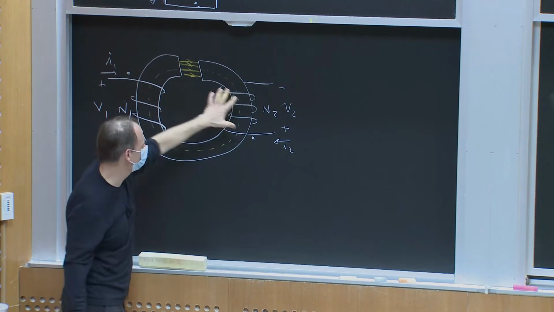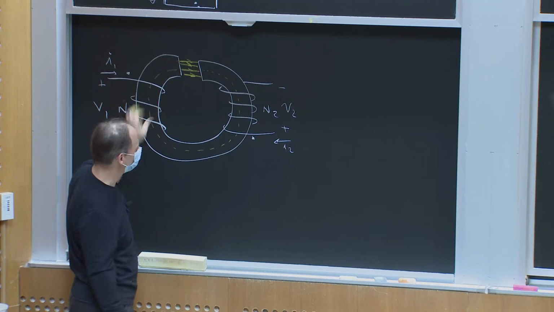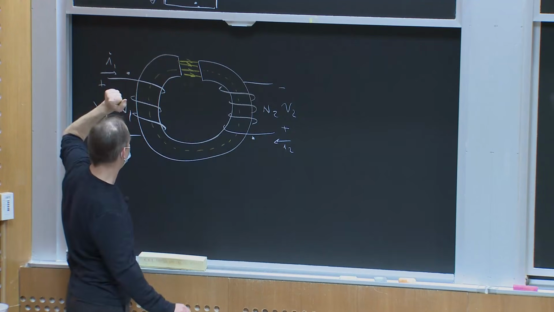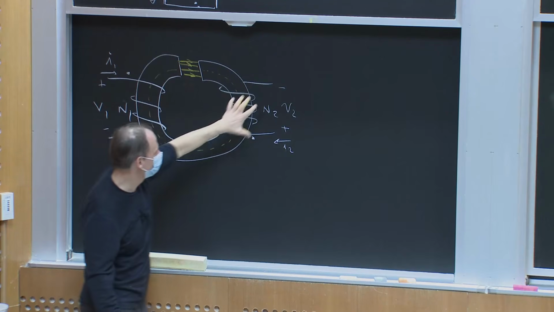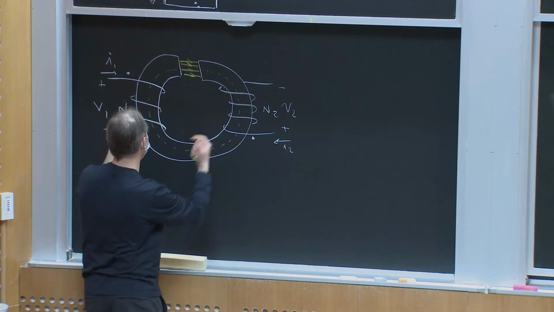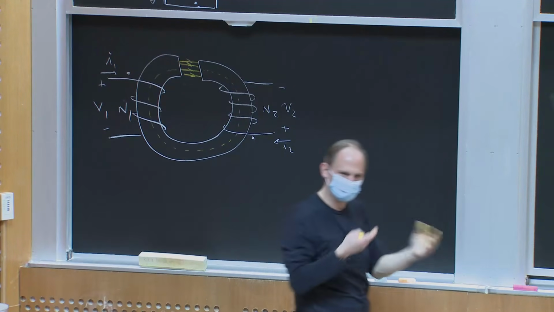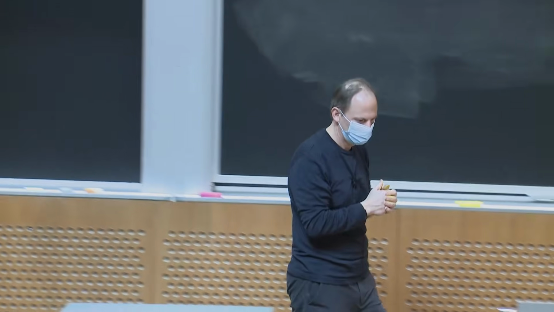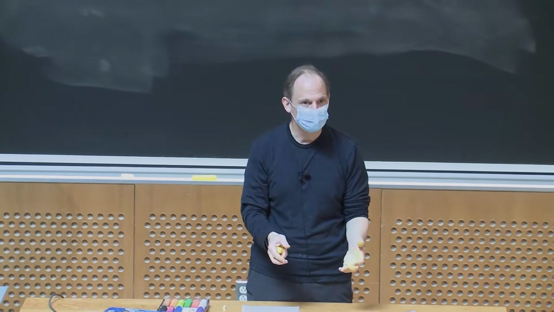So basically, I can think of this as an inductor from either side, but it's like an inductor with an extra winding, and I can carry current in this winding to match that energy storage, or I can carry current in this winding to match that energy storage. And of course, the amount of current I need depends on the number of turns. So I can rescale the amount of current I have. Does that make sense?